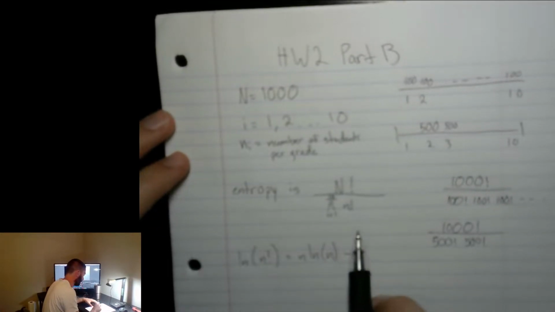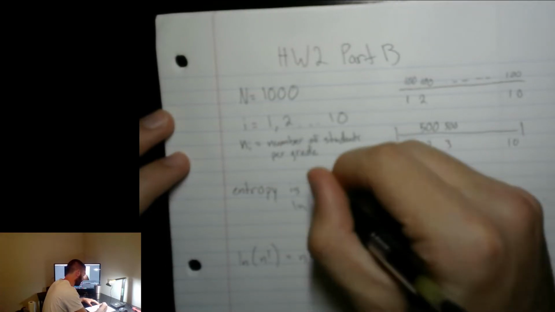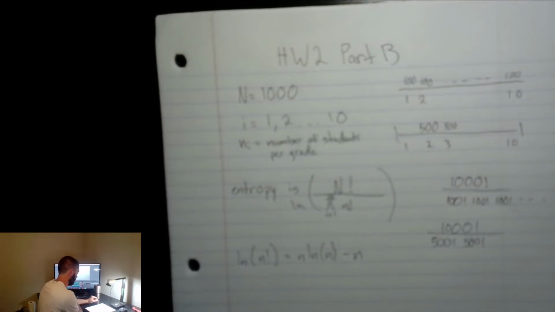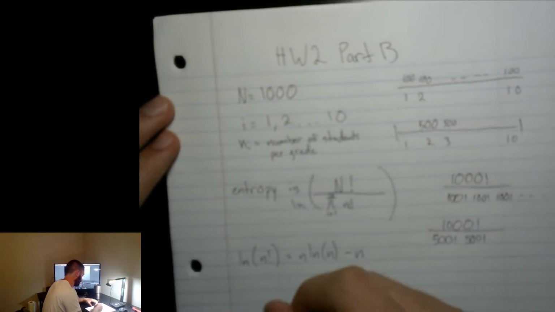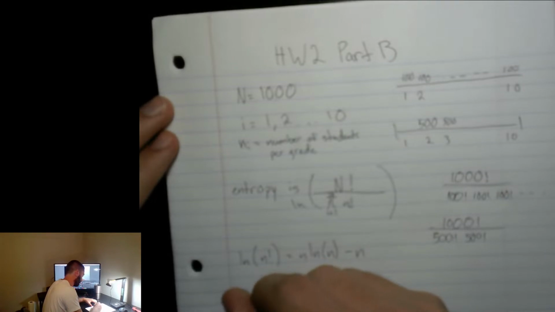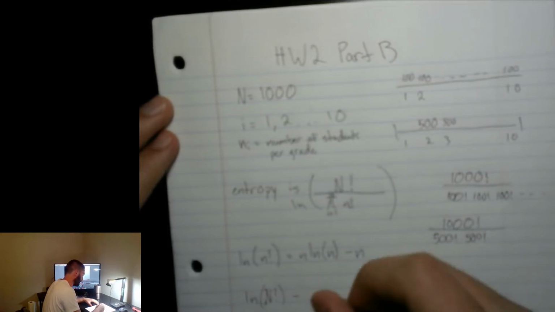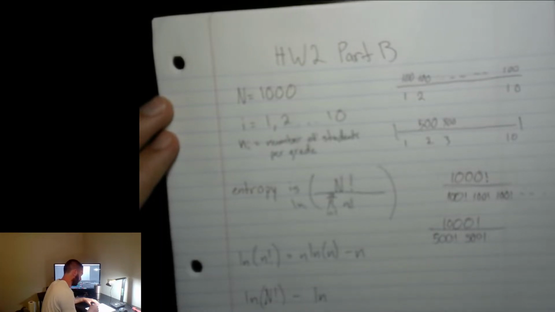Now if we take our entropy equation, we just take the natural log of that. That won't actually change the relation, it'll just reorient the values. Then we can use this approximation to make the equation more usable. By our log rules, we can now rewrite entropy as the log of big N factorial, which is our total number of students, minus the log of the denominator.